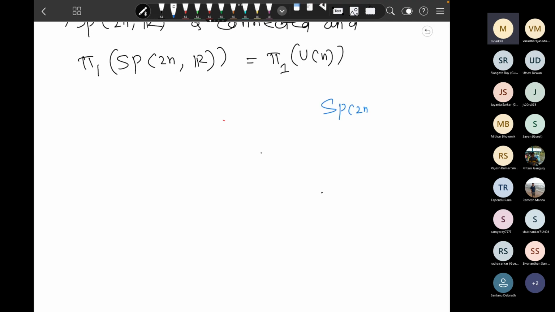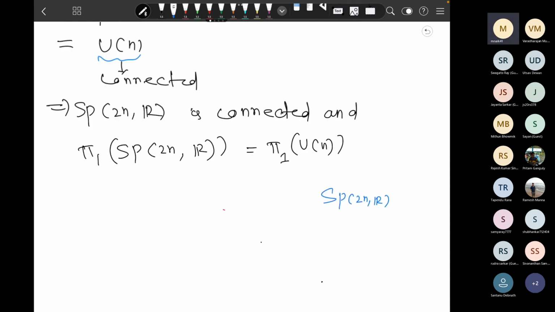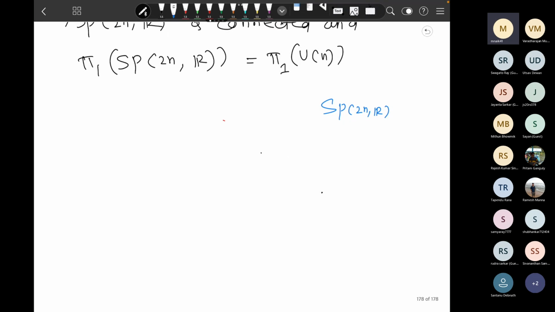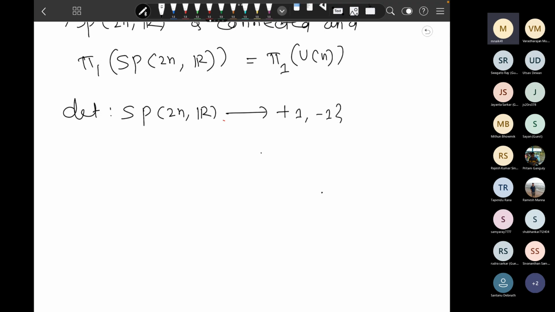For Sp_2n(R), the question is, if you take the determinant of A equal to 1, do I get any extra group or not? You can do it by the same argument, so for completeness, let us do that. I have shown that if some matrix preserves a bilinear form over R or C, then its determinant takes a value in 1 or minus 1.